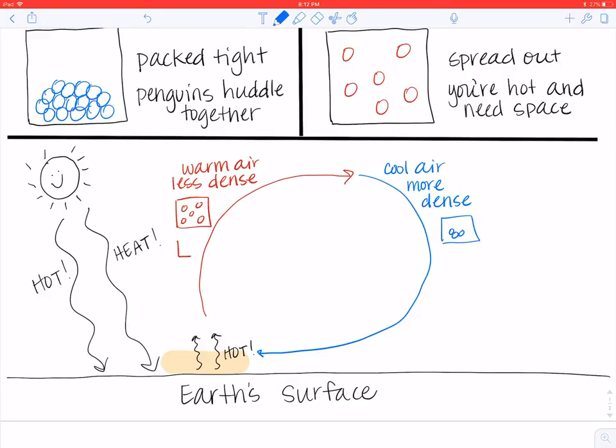Remember, it's more dense because those particles are packed really tightly together. This would be high pressure. Sinking cold air. This whole process of the hot rising and the cool sinking is called convection.